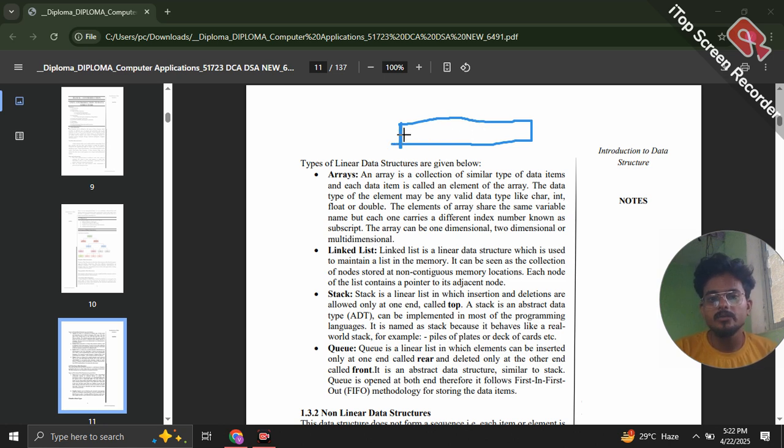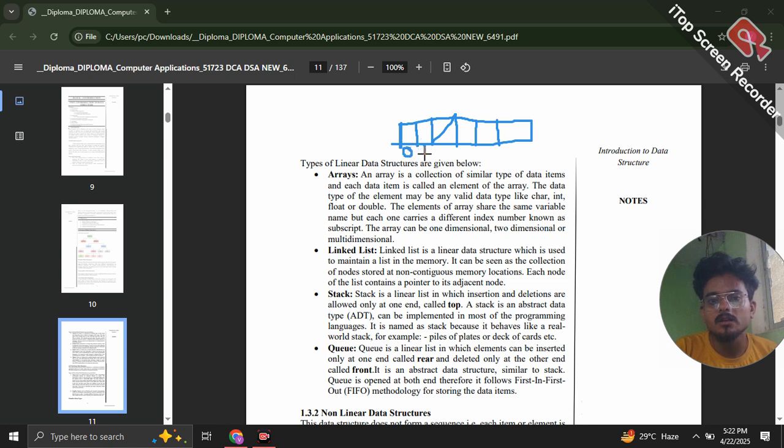For example, we have to store data in an array data structure. Okay, so we will first create one, two. We will start from 0, index 0.